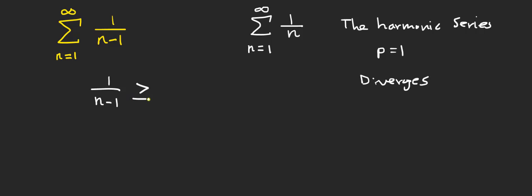In this case, this is bigger than 1 over n because this one has a smaller denominator. So what can we conclude? The smaller diverges, therefore the greater diverges as well. So this infinite series diverges by the direct comparison test.